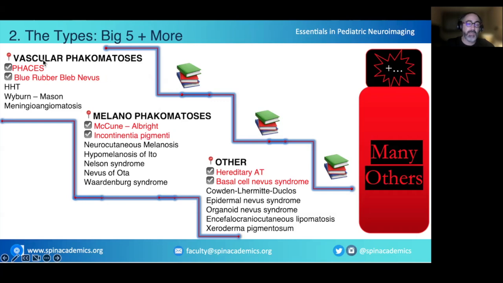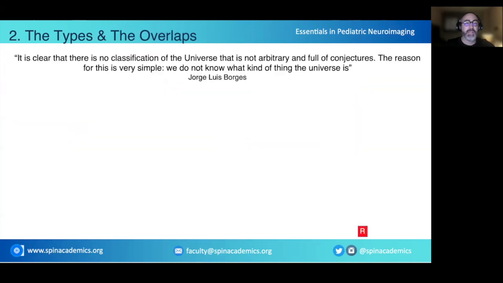These ones are vascular phacomatosis, these ones are melanophacomatosis, and these ones are others because it's difficult to group them by some characteristic approach. And I will show you hereditary ataxia telangiectasia and basal cell nevus syndrome, but of course there are many others.